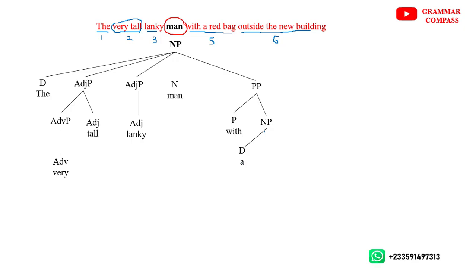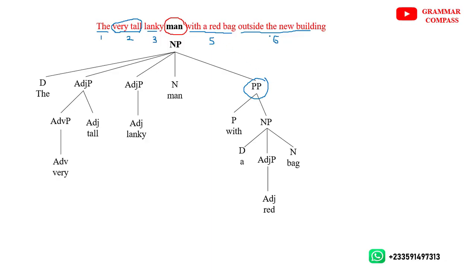Now the next modifying phrase is an adjective phrase. The adjective phrase consists of only one word adjective, that is red, and this adjective phrase is modifying the noun head, that is bag. We are done representing the first qualifier, that is the first PP, number 5.